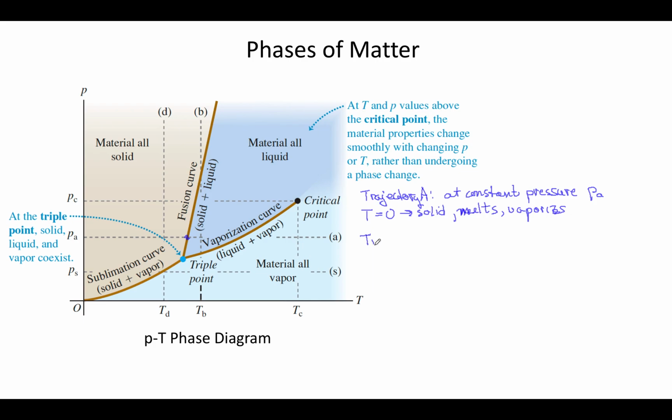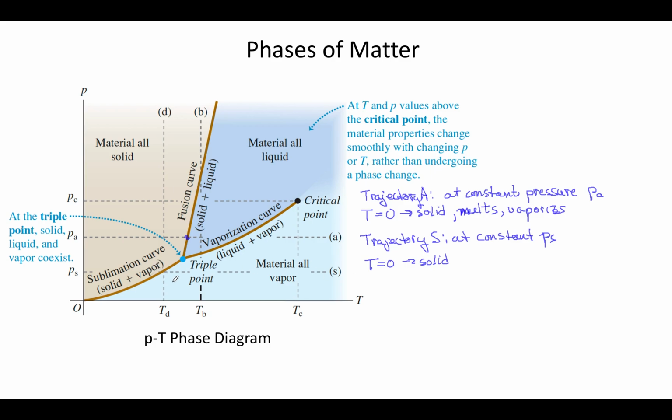If we look at trajectory S, at constant P sub S, T equals 0, solid.